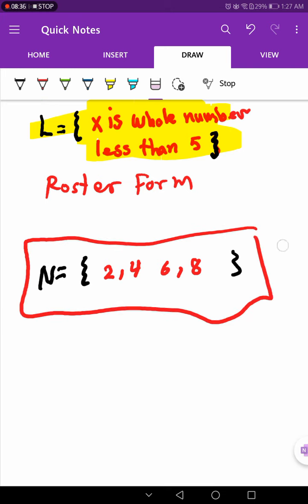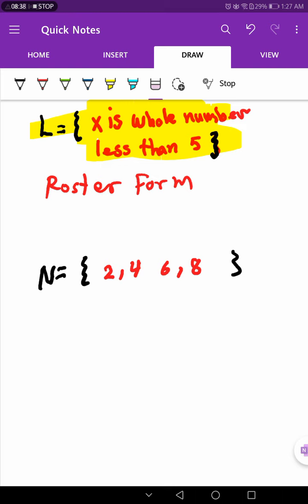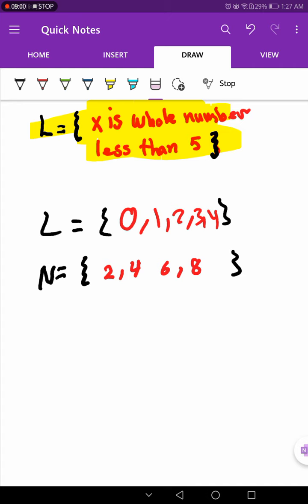But how come? I have to explain what happened here. X is a whole number less than 5, so L equals 0, 1, 2, 3, and 4. And this is called roster form.